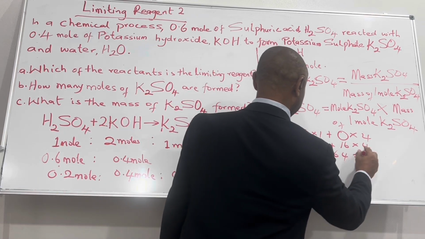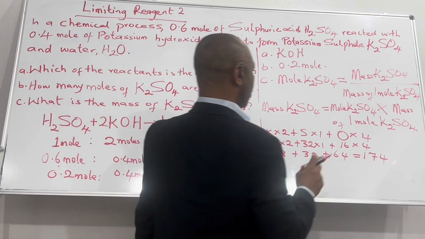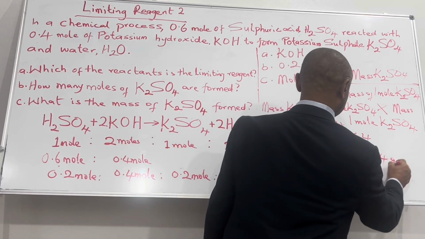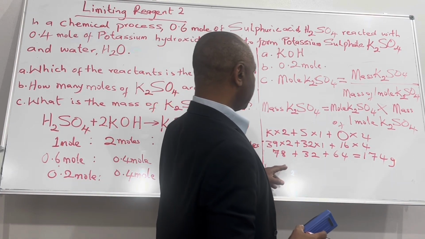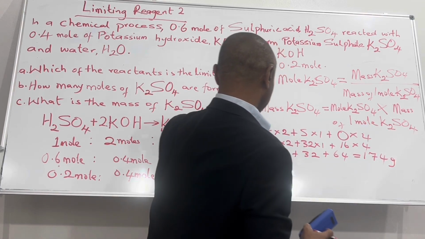Add all these to get 174. So 174 grams of potassium sulfate is equal to 1 mole of potassium sulfate.